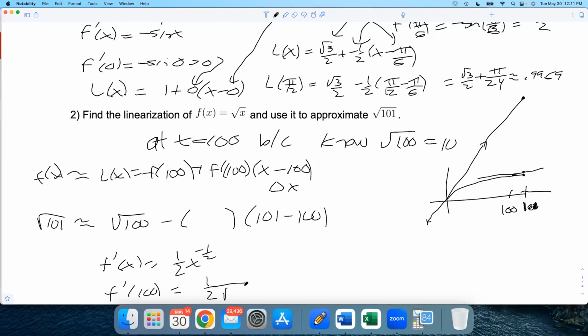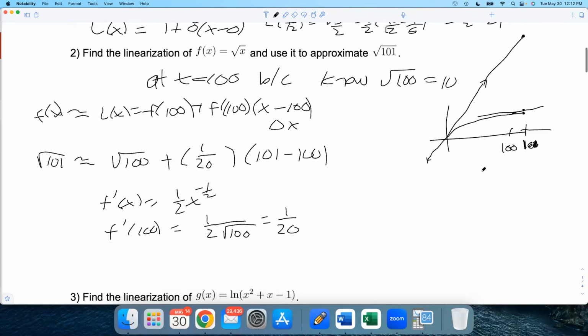Negative 1/2 means bring it down to the bottom, and 1/2 is a square root. So that would be 1 over square root of 100 is 10 times 2, 20. And this is a plus here. I don't know where that was, just a typo. That's a plus. The original function value plus the derivative at the original value times your change in x.